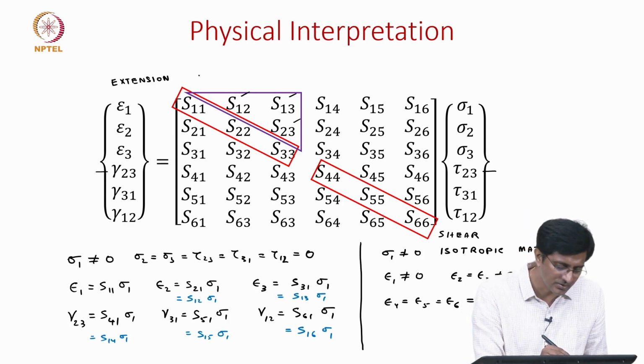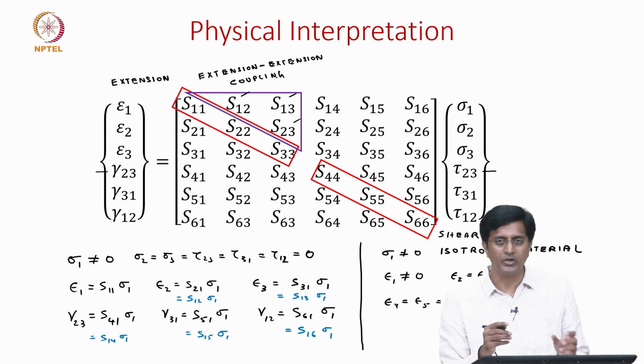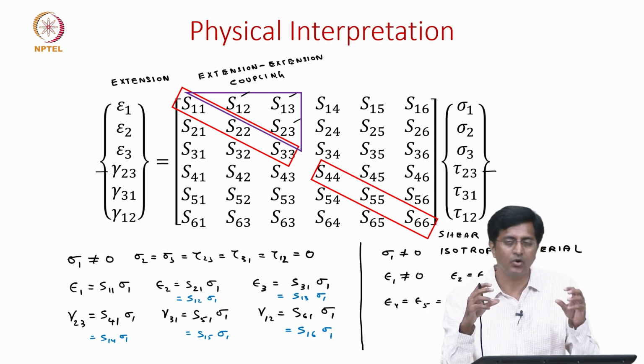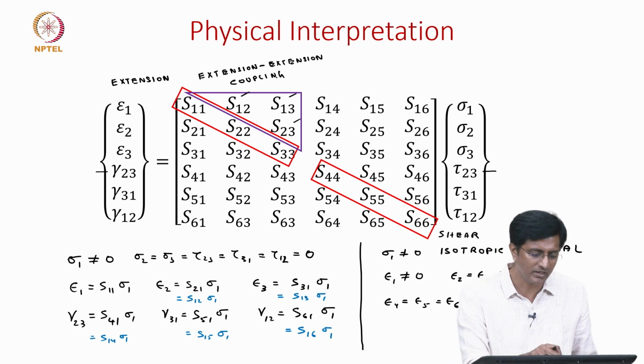These are called the extension coupling, because we are still looking at normal stresses and normal strains. The only difference is that they are not in the same direction. If you apply a normal stress in one direction, we get normal strains in the other two directions from this extension coupling.